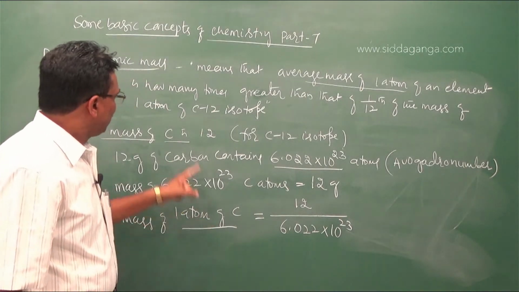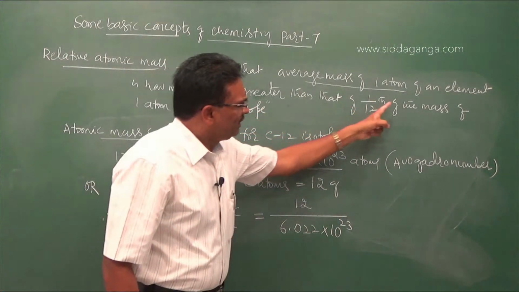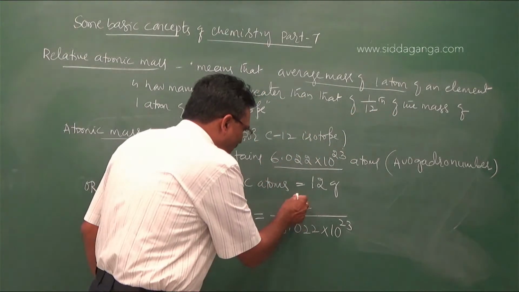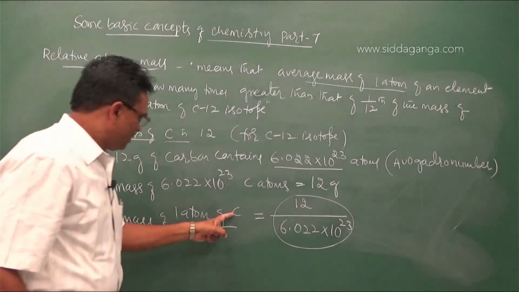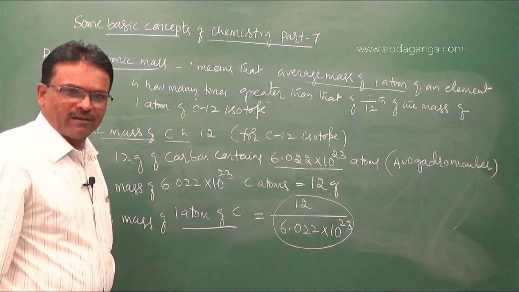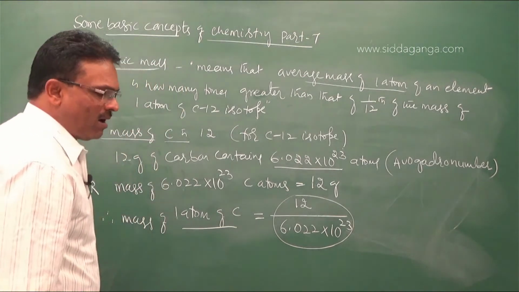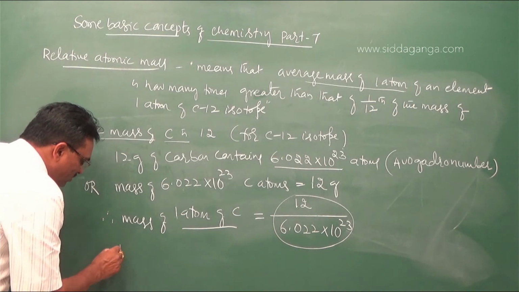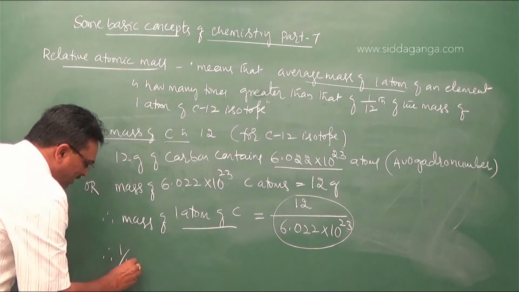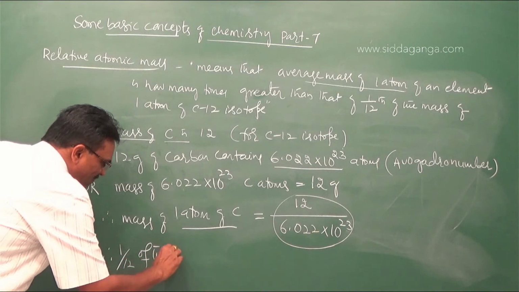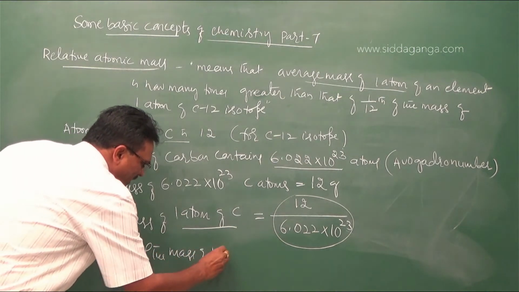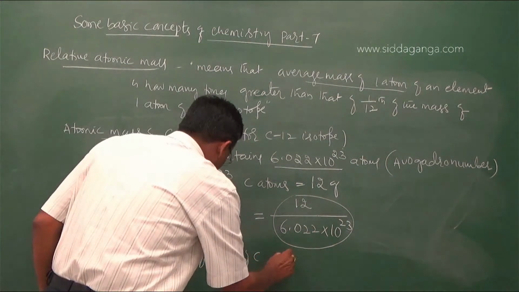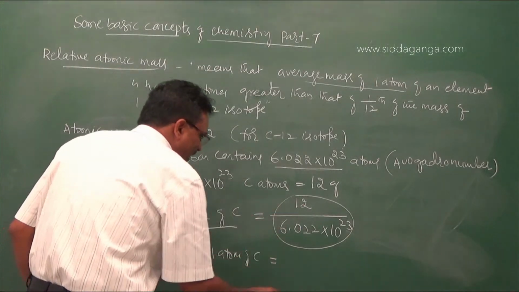But we take 1/12 of the mass of one atom of carbon. This is for one atom. Hence, the mass of 1/12 of the mass of one atom of carbon is equal to, again, 1/12 into this value.